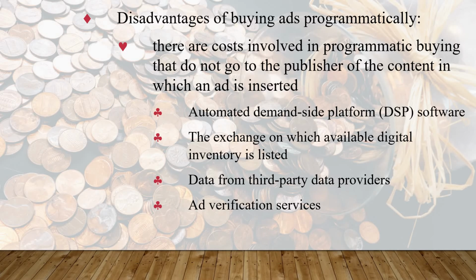Some of those costs are listed on your screen here: various types of software, data available from different providers, and different verification services. All of these things are added on to help people in the programmatic buying process, and those are generally not offered by the place a company is doing the advertising with.